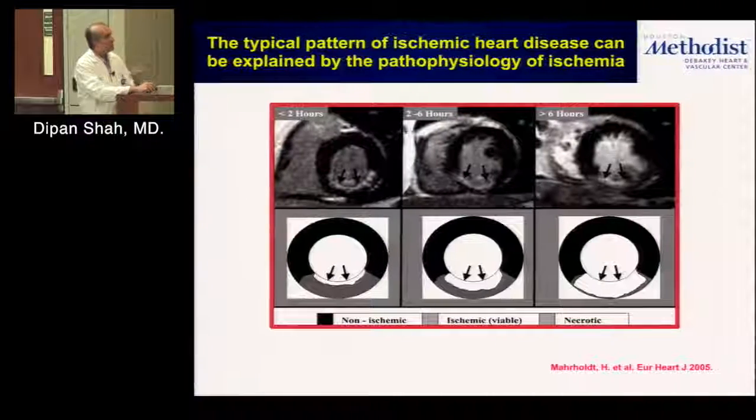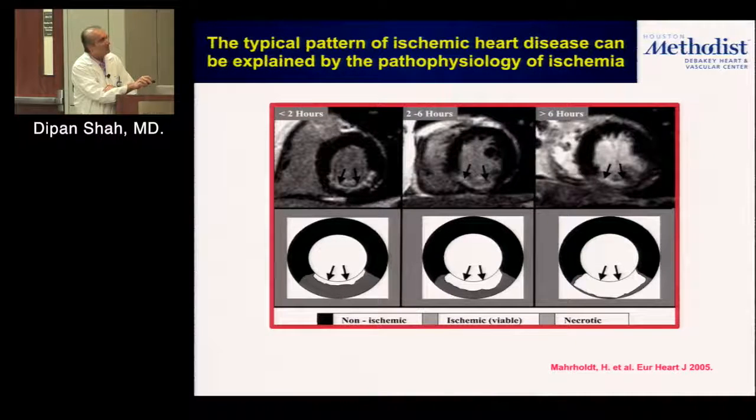I'll tell you where CMR can be useful in this spectrum. One of the things that we know with CMR is that we're able to directly visualize areas of myocardial damage, whether it's due to myocardial infarction or due to myocardial scarring from a non-ischemic or non-coronary etiology.